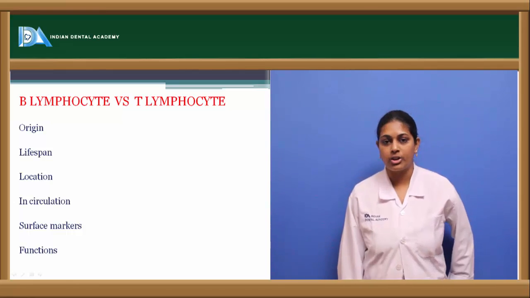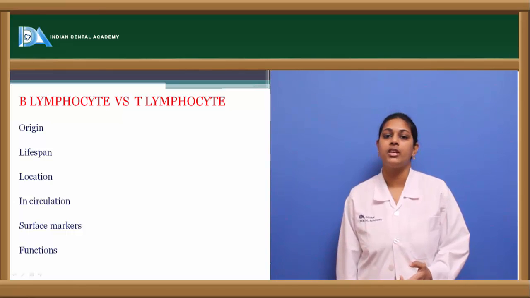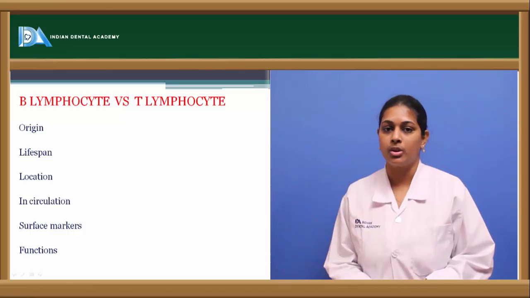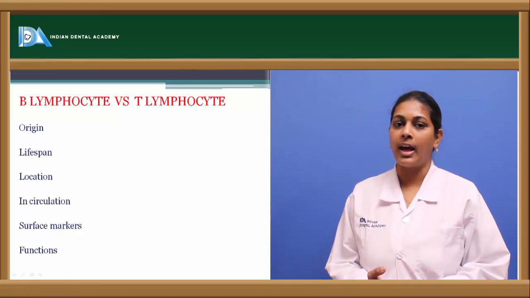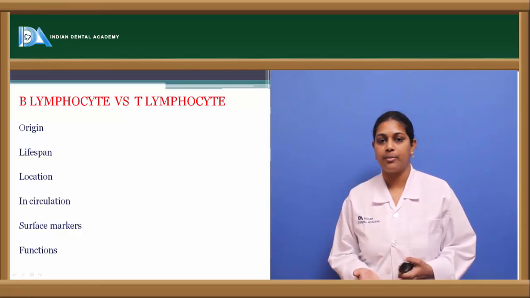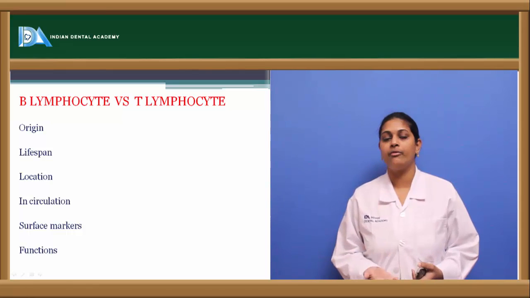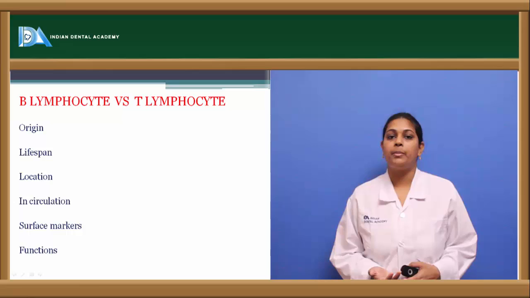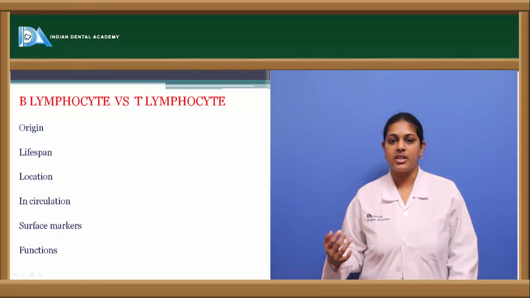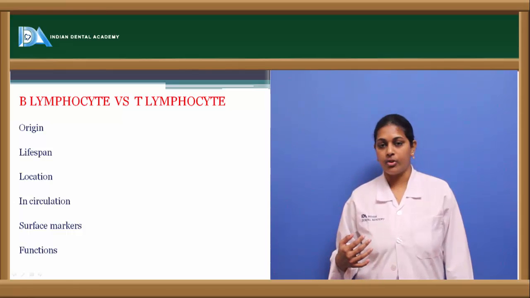Coming to the major functions, once T lymphocytes are exposed to the antigen, they start showing their function and further differentiate into T helper cells or T suppressor cells. The major function of the B lymphocyte is to differentiate into a plasma cell and produce antibodies which act against specific antigens. This is the function of the B lymphocytes and the T lymphocytes.